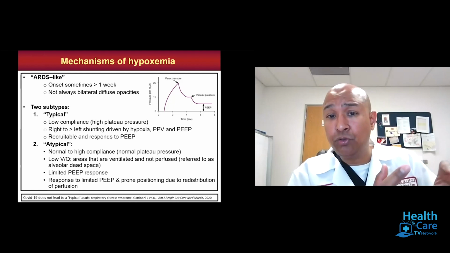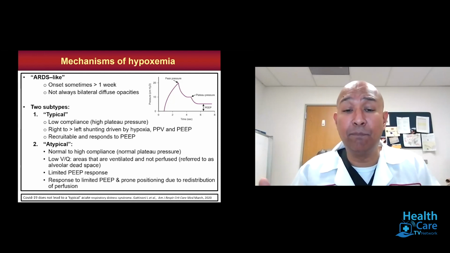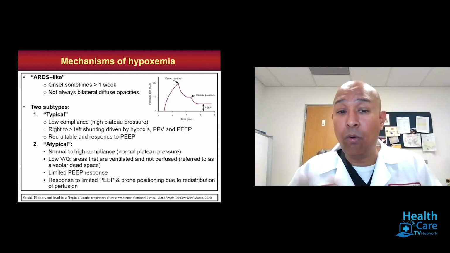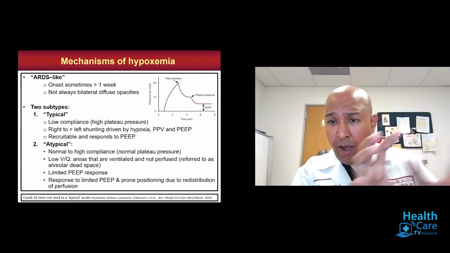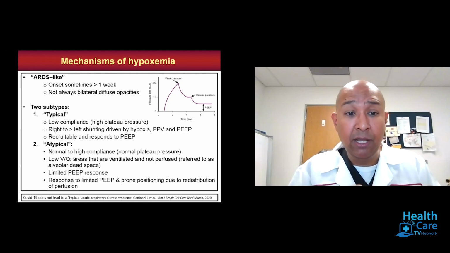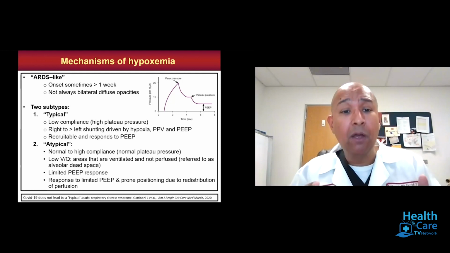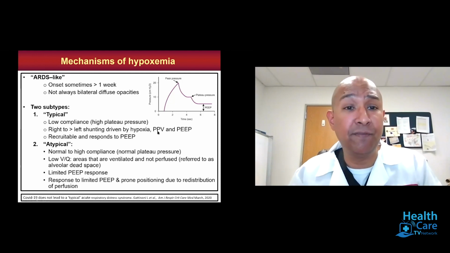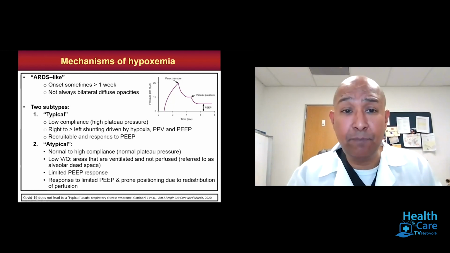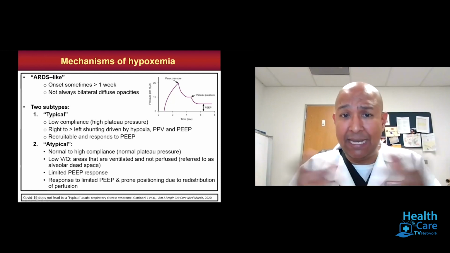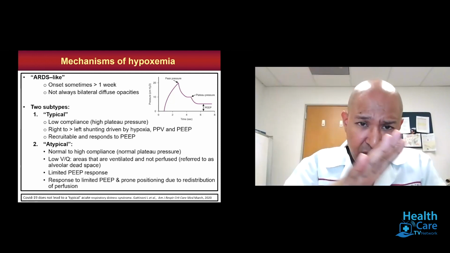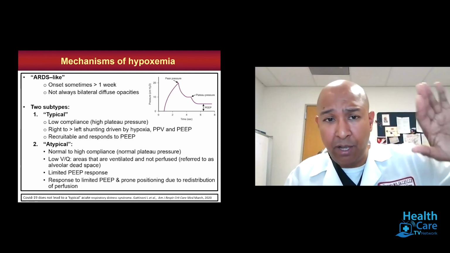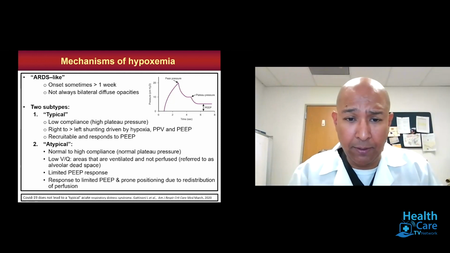To the right ventricle, to the right atrium, and you may get some shunting of blood if you have maybe an undiagnosed patent foramen ovale or some kind of anatomical connection between the right and left side of the heart. What else can force you to have that shunting is just being on positive pressure ventilation, having lots of PEEP. When you distend these alveoli, they're going to be squishing these pulmonary capillaries, and once again, shunting blood back towards the right side of the heart.